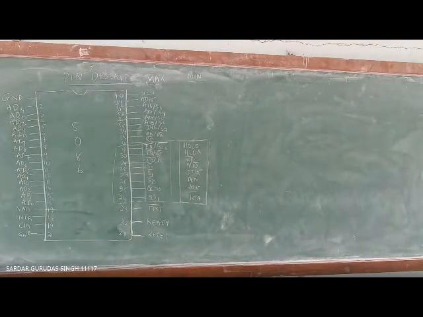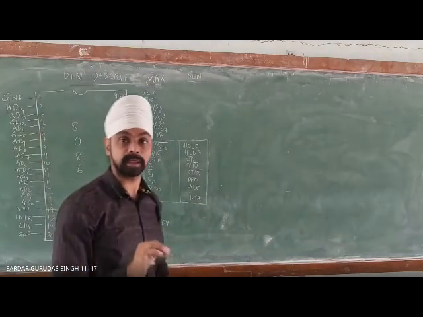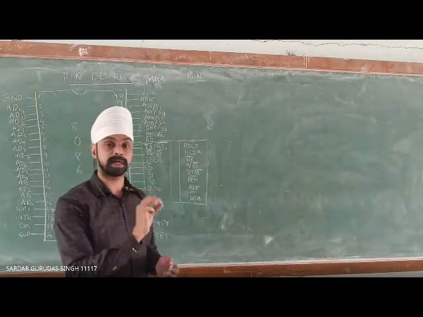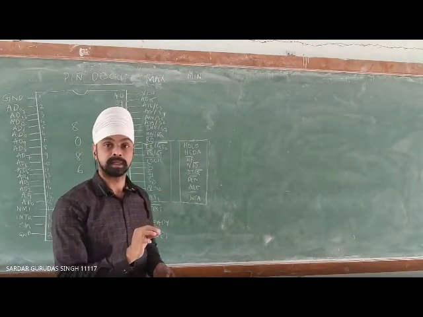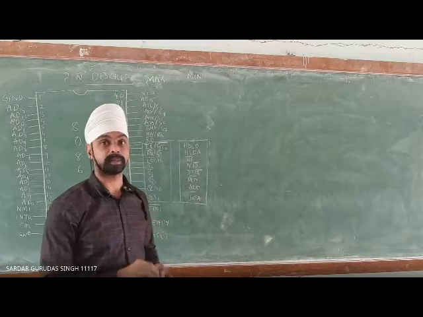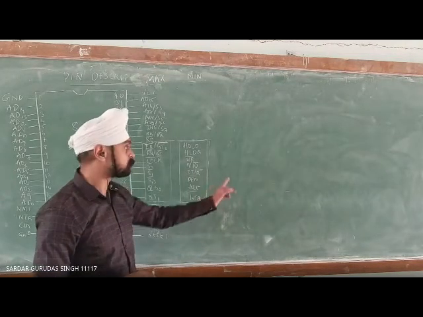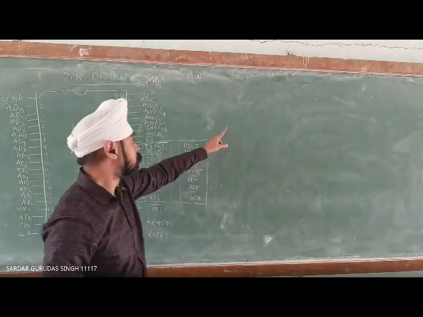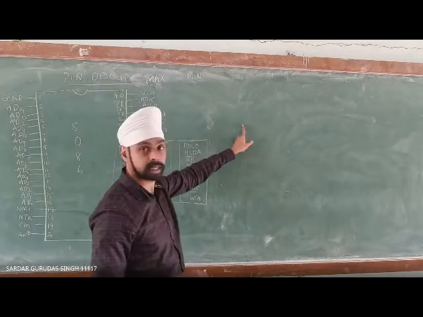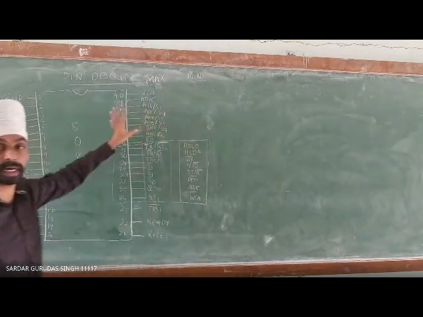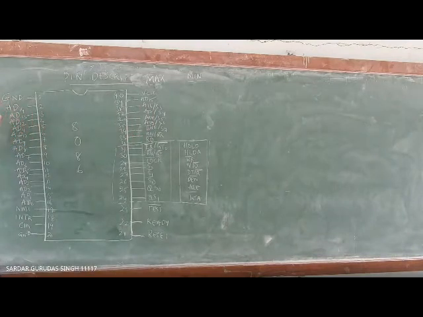So AD0 to AD15 is nothing but a time multiplexed address and data bus in which, during T1 cycle, address is available, and during the remaining cycles, T2, T3, TW, and T4, data is available.